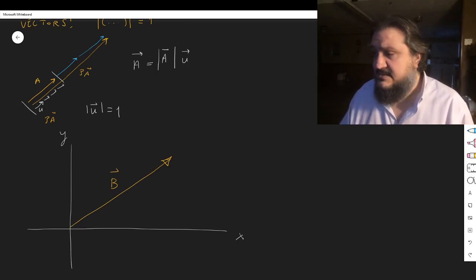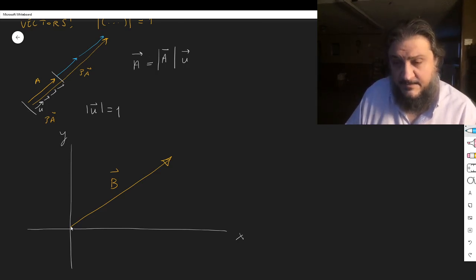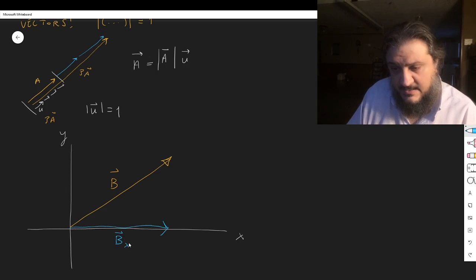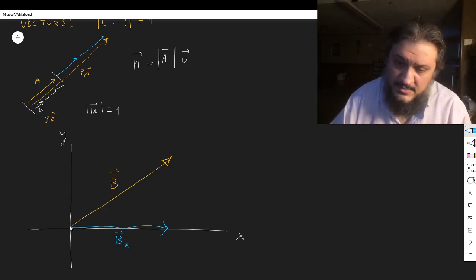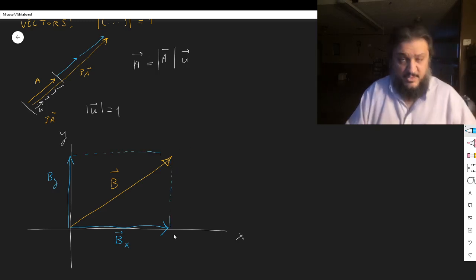Now, this vector B has 2 component vectors. One along the x direction, which we name as Bx, and another one along the y direction, which we call By, because if you add them, you get B. We know that so far.